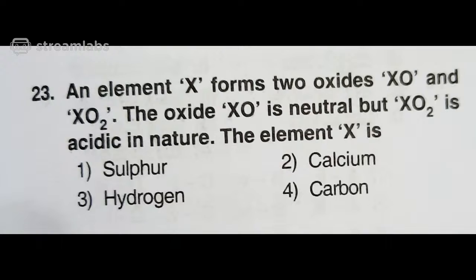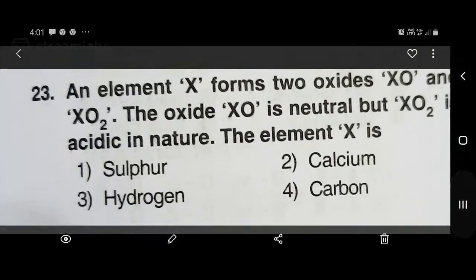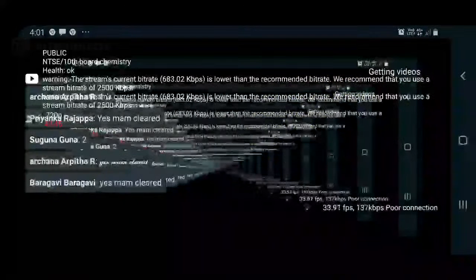Okay, then what is the element X? Which element X combines with oxygen to form a monoxide and dioxide which hold the above properties? Element X among sulfur, hydrogen, calcium, carbon, which is considered as X?